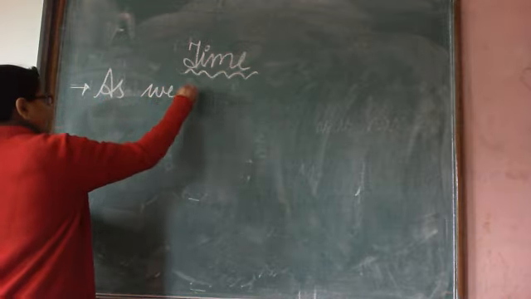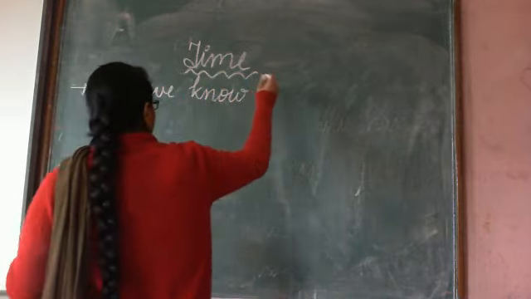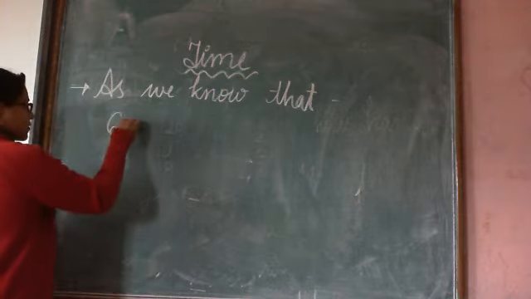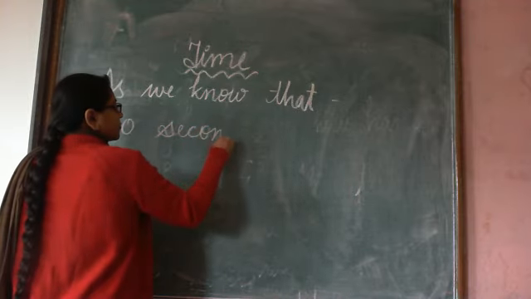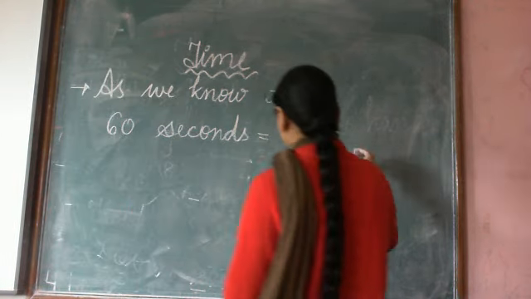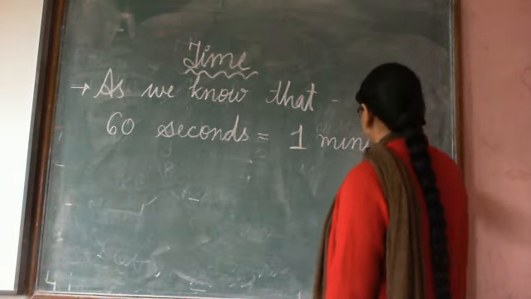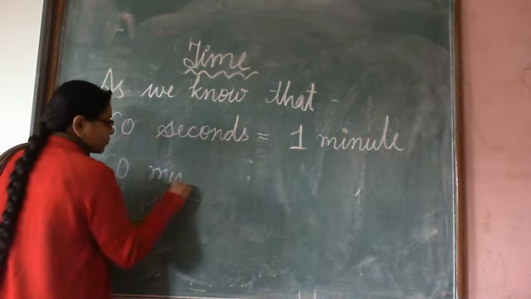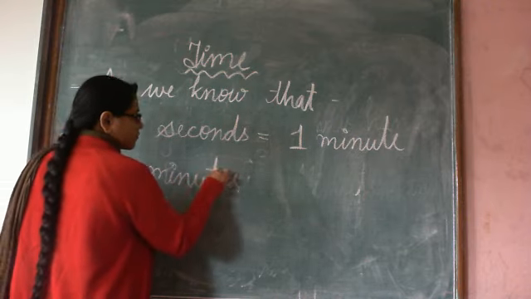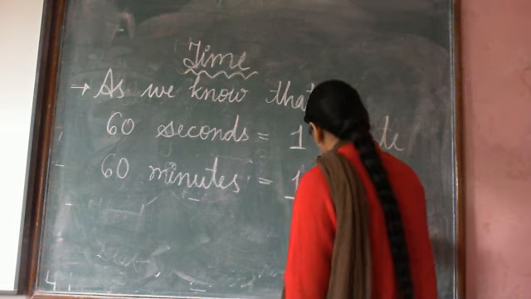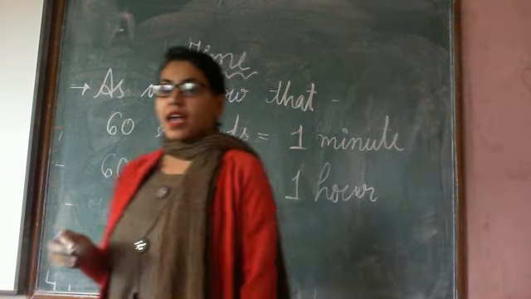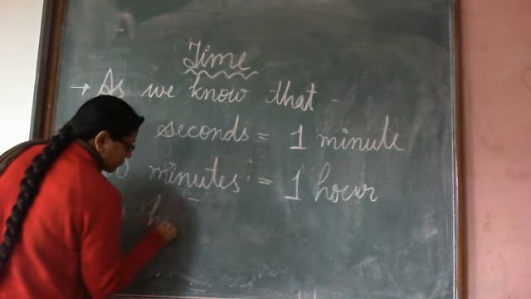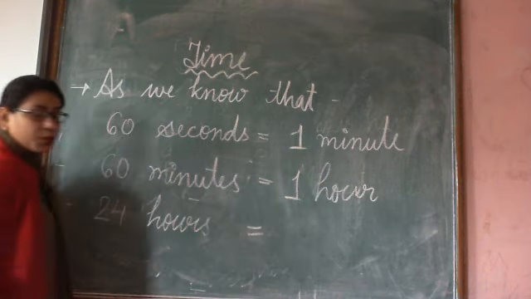As we know that 60 seconds is equal to 1 minute, 60 minutes is equal to 1 hour, and 24 hours is equal to 1 day.